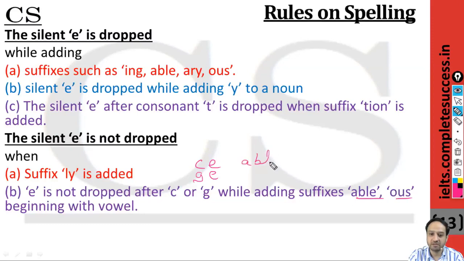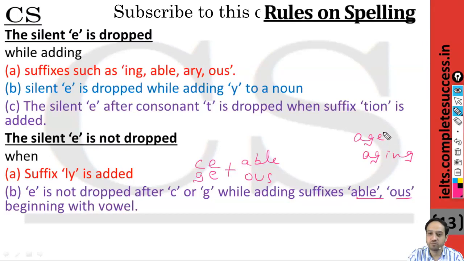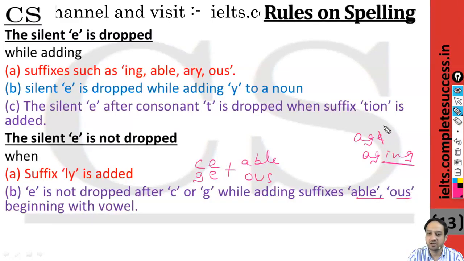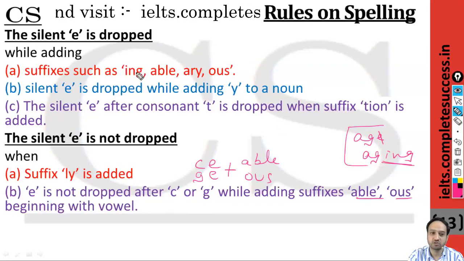Do remember able and ous. When we add these, we keep the e. Do remember that when we write age and say aging, we have to drop the letter e, because here we are adding ing, not able or ous. So this is the part which belongs to this section.